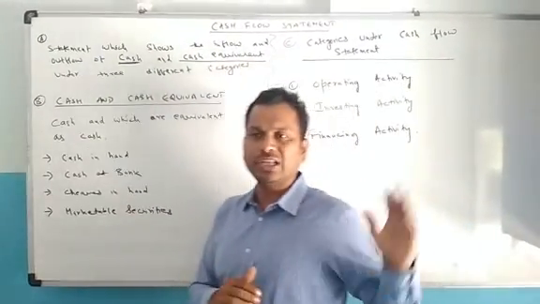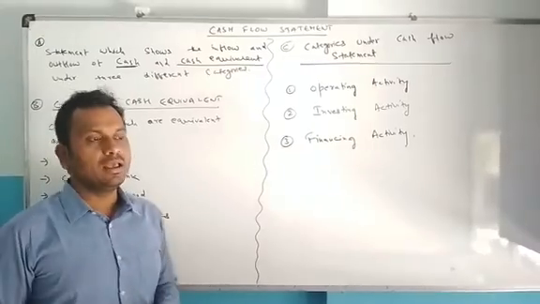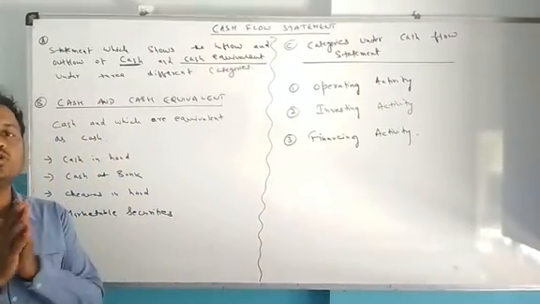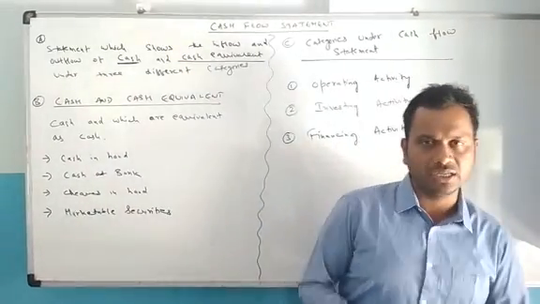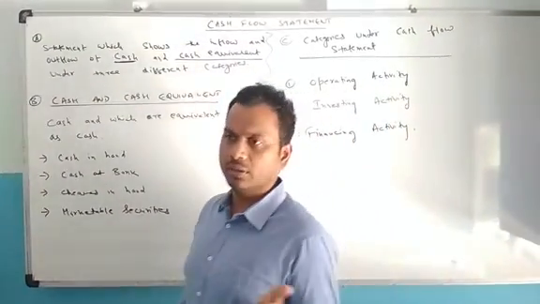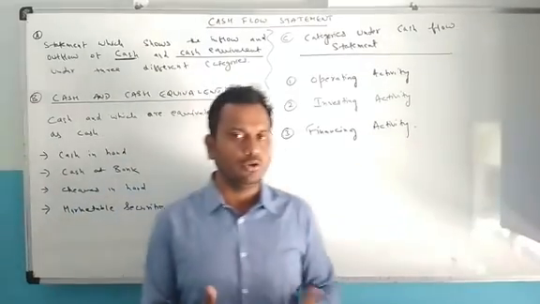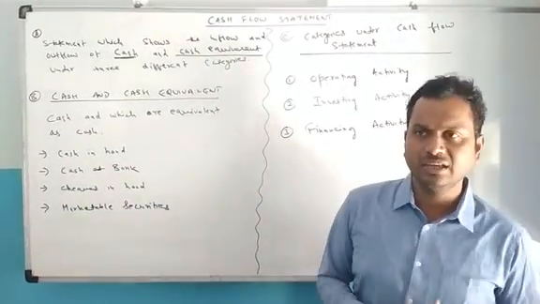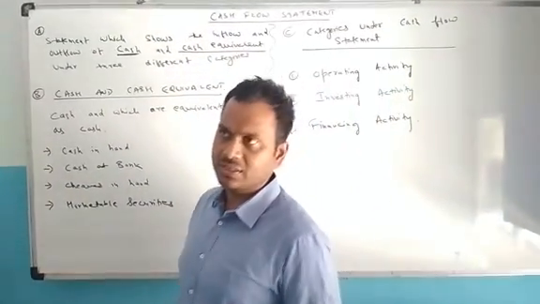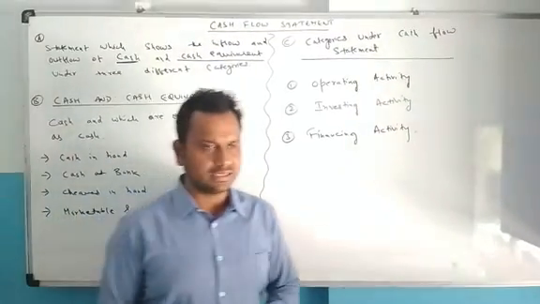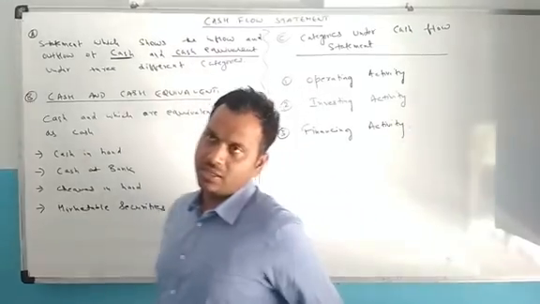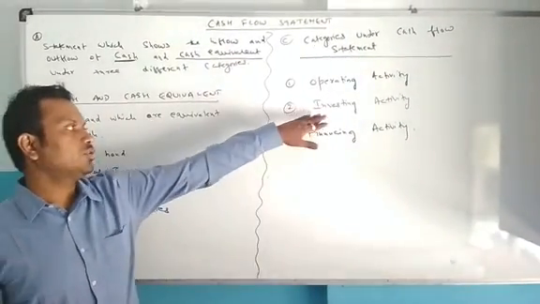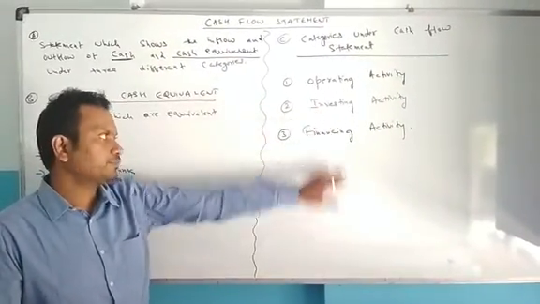So when we are talking about investing activity in the cash flow statement, we are talking about investment into long-term assets. That means land, building, plant, machinery, tangible and intangible assets. As per the balance sheet of a company, we call it FILO: fixed assets, investment, loans and advances, and other non-current assets. These are the categories where we invest in business, and that is known as investing activity.